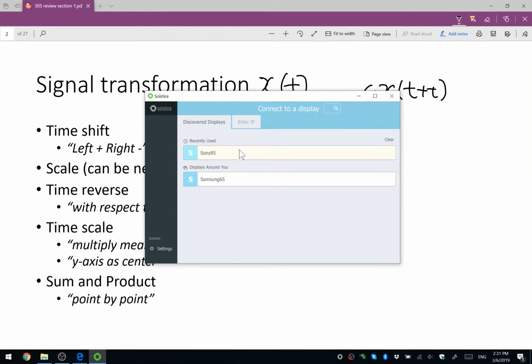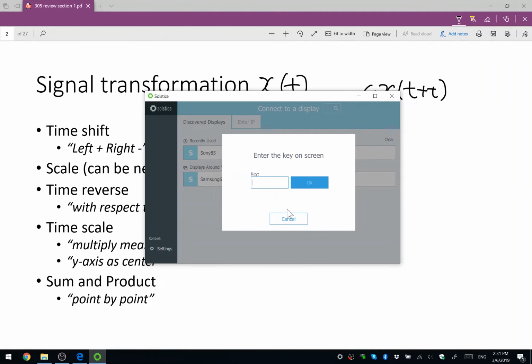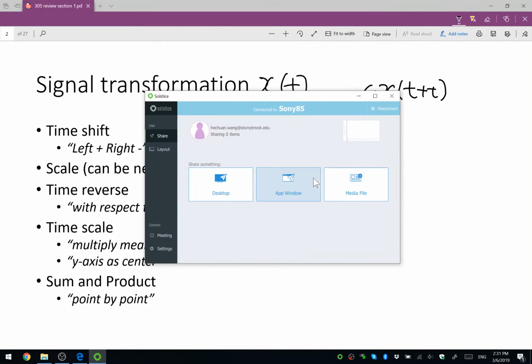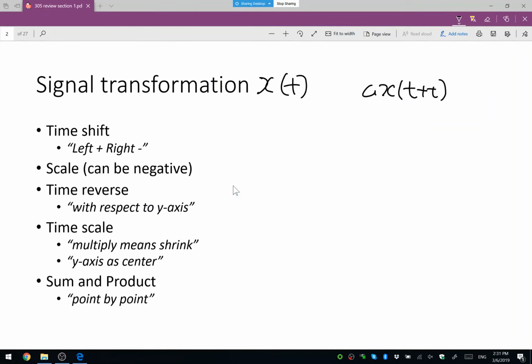Let me try to do this again. 6, 5, 6. I can see that. Okay.